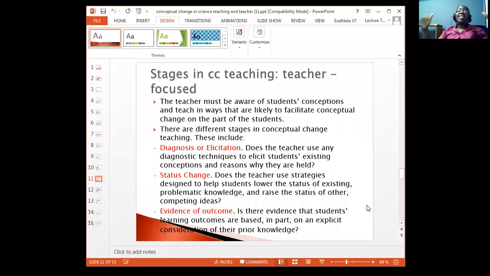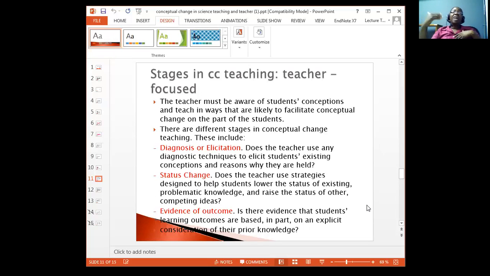All right, and then this latter part goes back to the question that Ava was asking: if we can really know if students have undergone conceptual change, evidence of outcome.